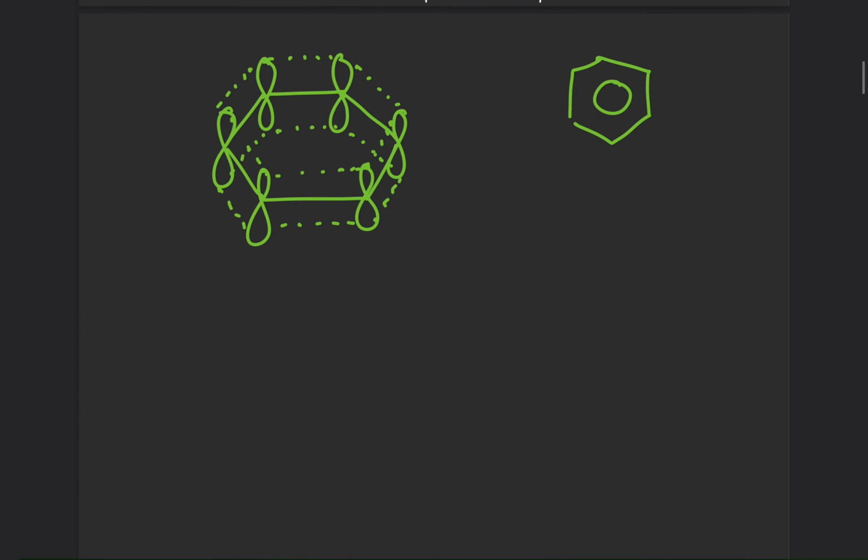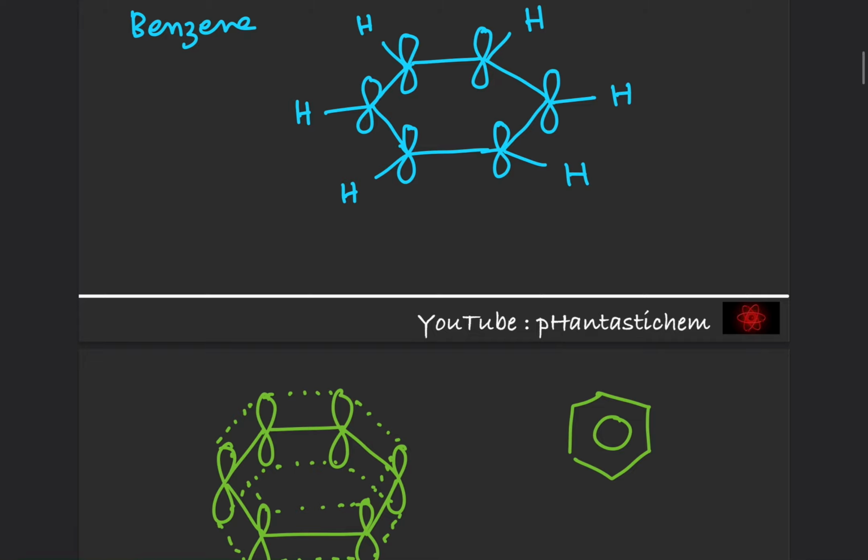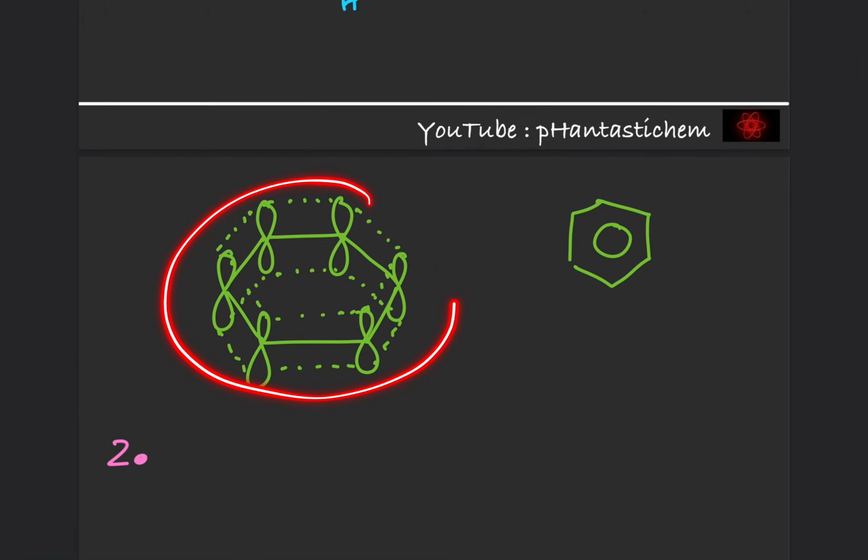Okay, the second criterion is it should be planar, because complete delocalization of pi electrons is possible only if the ring is planar to allow the cyclic overlap of p orbitals. So this delocalization and overlap of p orbitals is possible only if the molecule is planar.